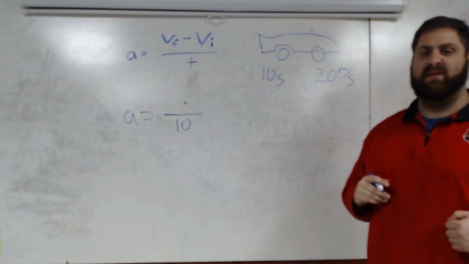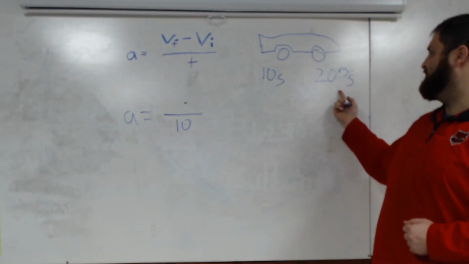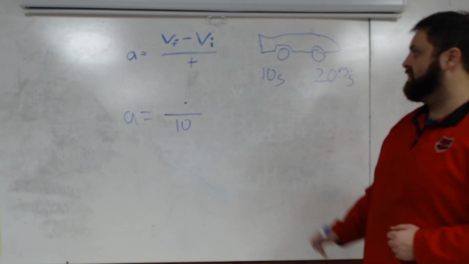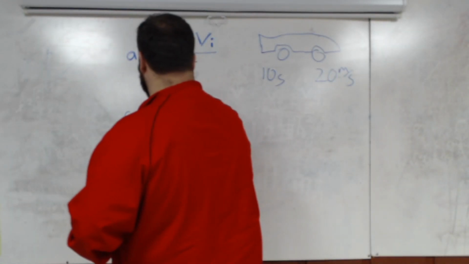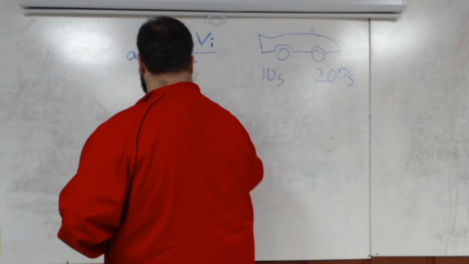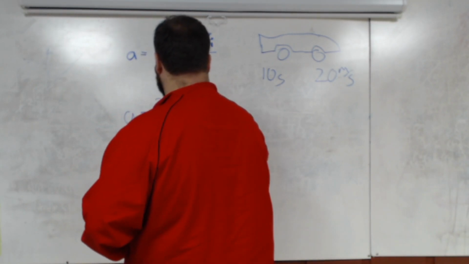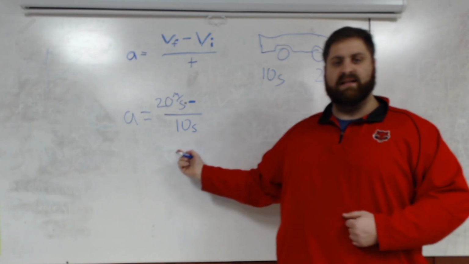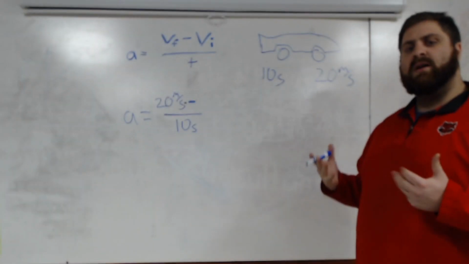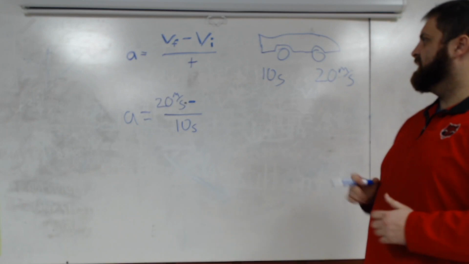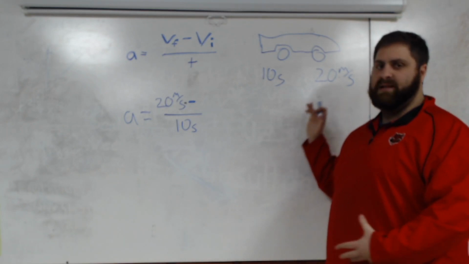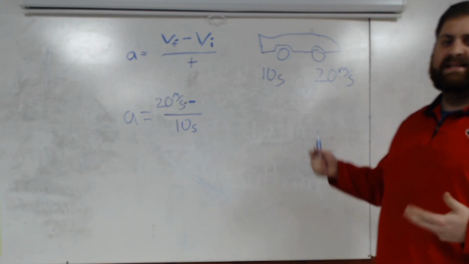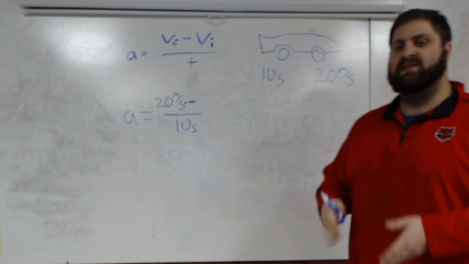What is our final velocity? What is the final speed of our race car? We said it got to 20 meters per second. So velocity final is 20 meters per second, minus our initial velocity. Let's think about it. If it takes our race car 10 seconds to get to this speed, what did it start from?